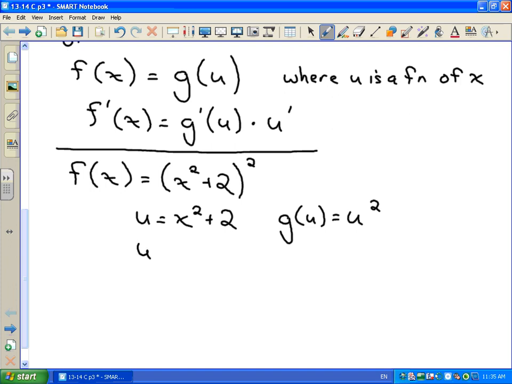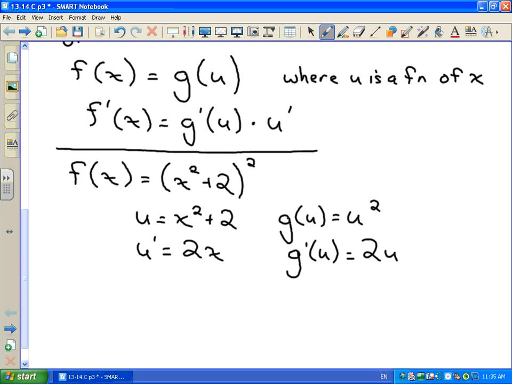So we need the derivative of both of these things here. u primed is, well, the derivative there is 2x, and the derivative of g at u is 2u, just applying the power law.